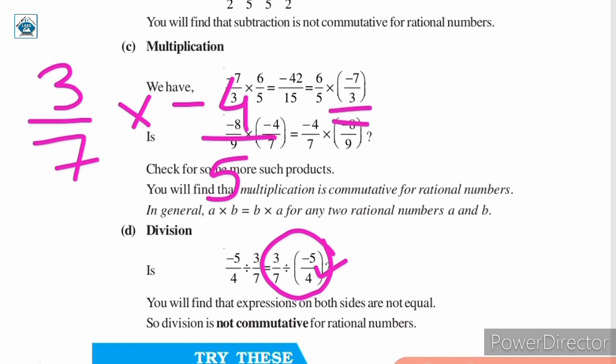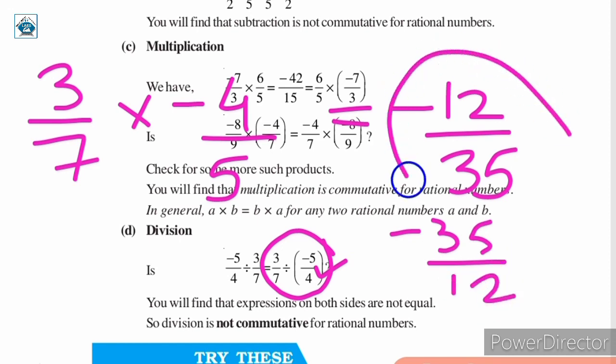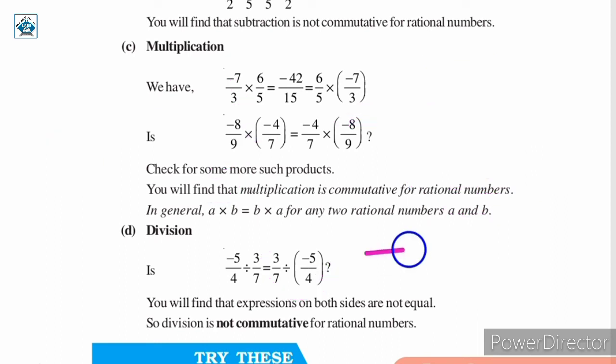So this will be equal to minus 12 upon 35. In the LHS we had minus 35 upon 12, and here we have minus 12 upon 35. Now we know that both these rational numbers are not equal to each other. So from this we can say that division is not commutative for rational numbers. You can also find other examples where division is not commutative.